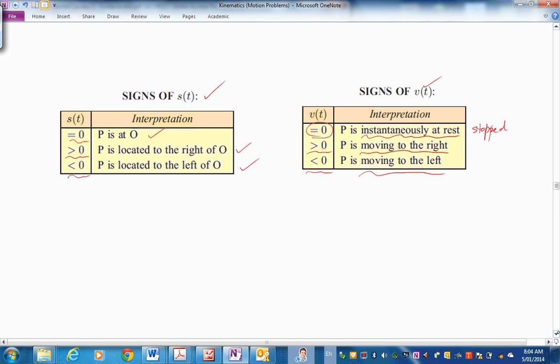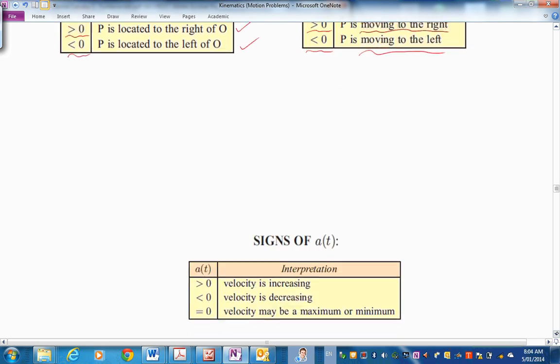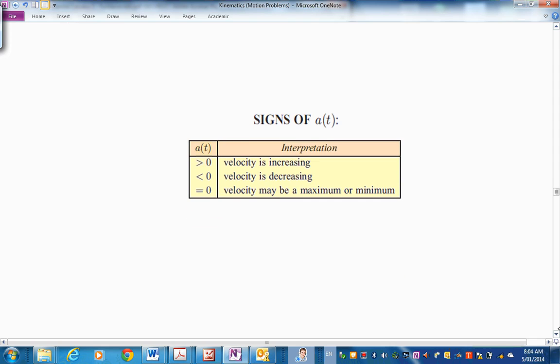So let's have a look at acceleration then. You might note these down yourself for later on if you don't think you're going to remember them. Some of these points, it's worth going back and summarising them. What about the acceleration? If the acceleration is positive, velocity is increasing.